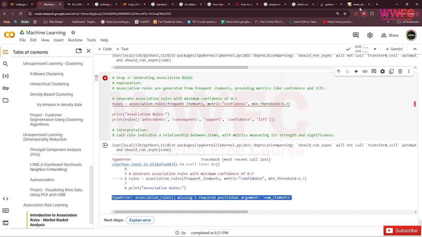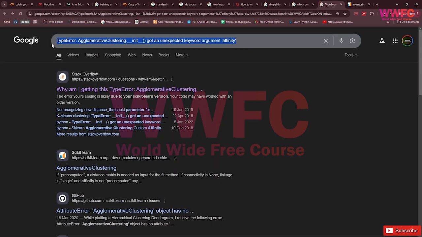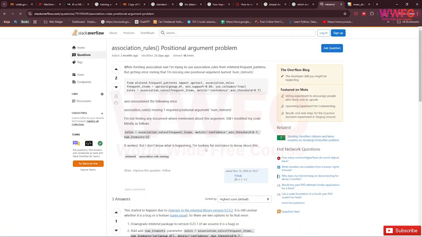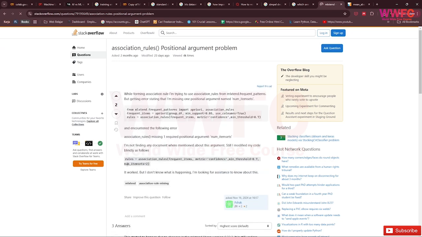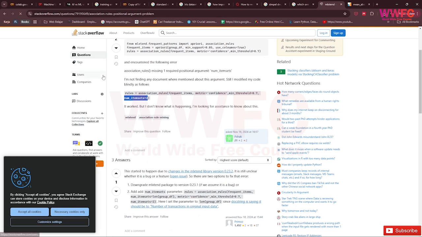Maybe what is this error? So we go back to our error tabs. So maybe we want to number the item sets like this.